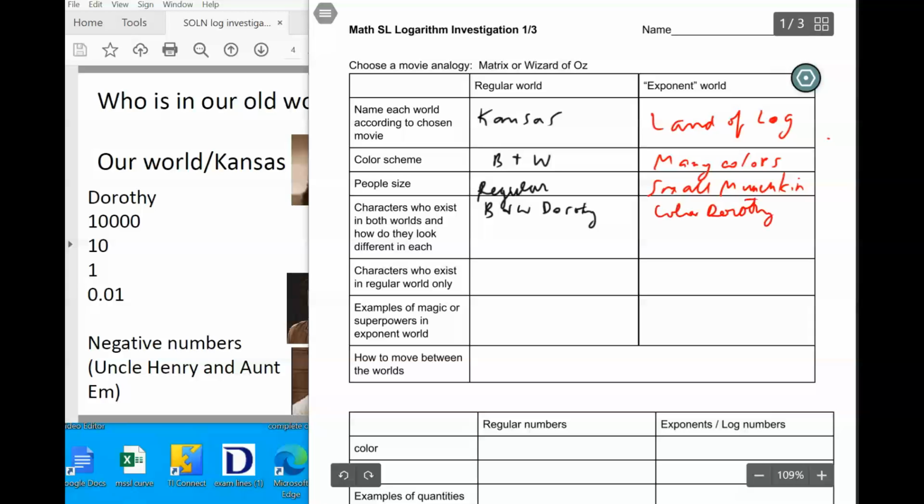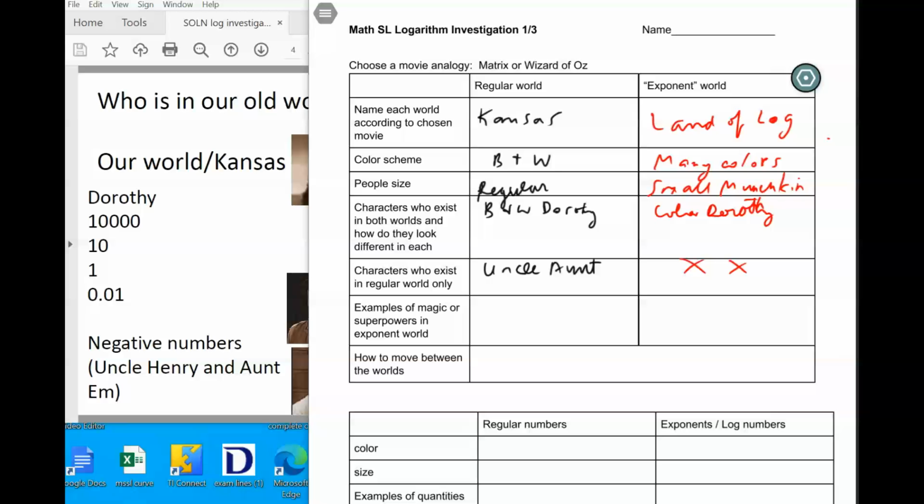And, of course, there's the dog, too. The dog is named Toto, by the way. And characters who exist in the real world only, the Uncle Henry and Auntie Em characters, only exist in the regular world. They don't exist in the land of Log.